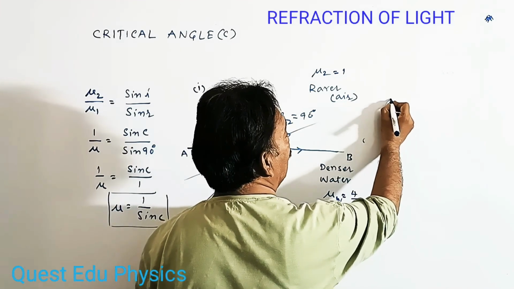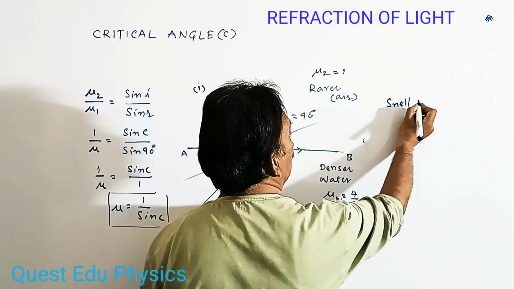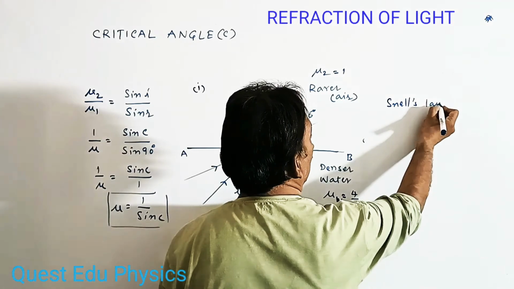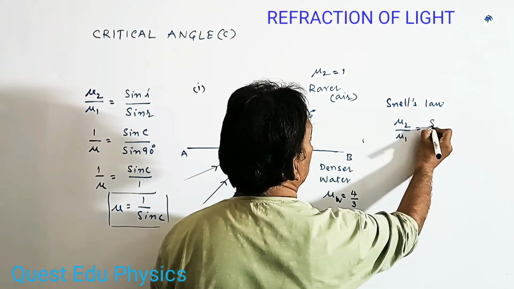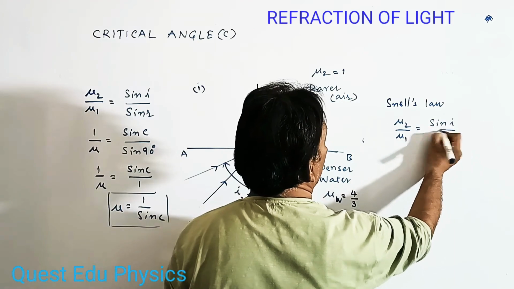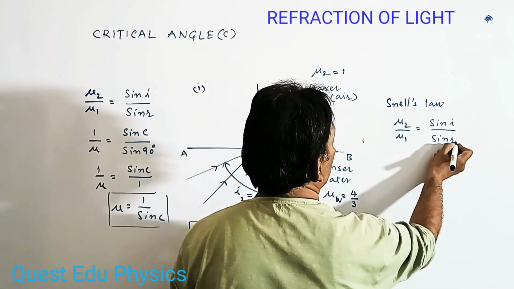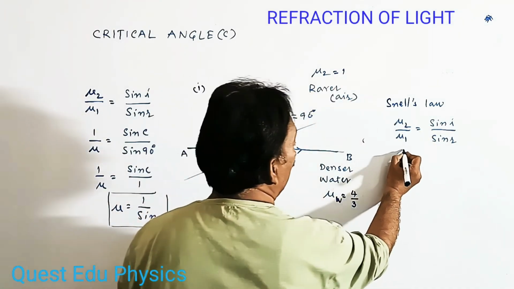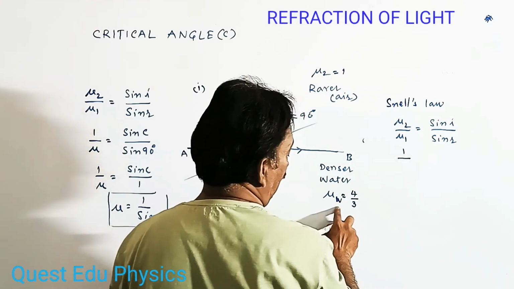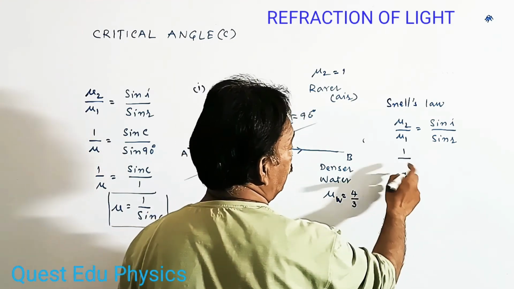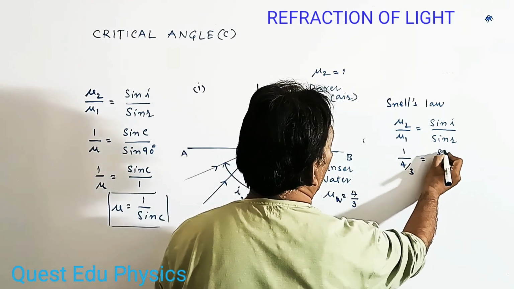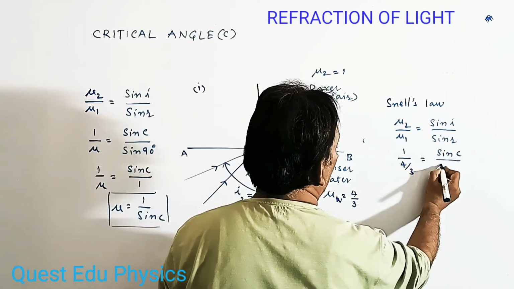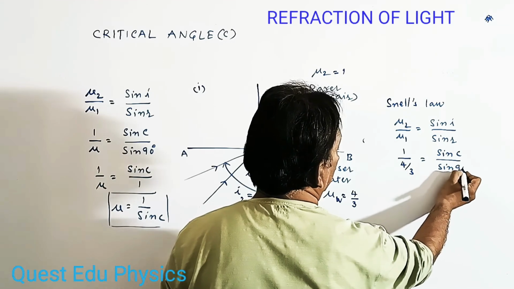What is Snell's law? mu2 by mu1 is equal to sin I by sin R. Students, mu2 is the second medium, which has a refractive index of 1, and water, the first medium, has a refractive index of 4 by 3, and sin I is taken as C, and sin 90 here.